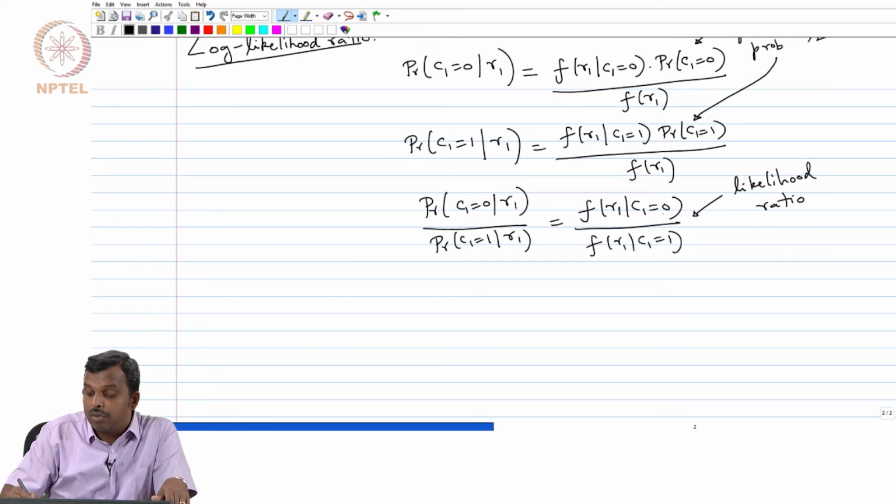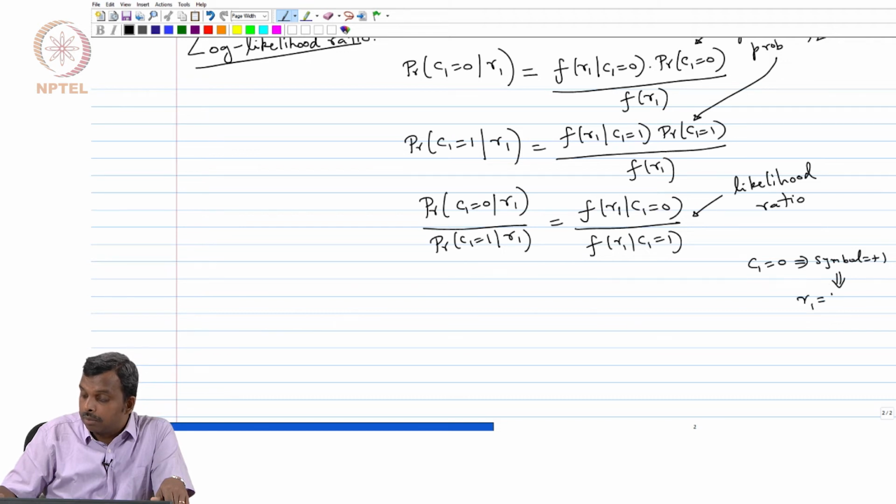Remember, if C1 is 0, the symbol is +1, and R1 is 1 plus normal 0, sigma squared. If C1 is 1, the symbol is -1 and R1 is -1 plus normal 0, sigma squared.